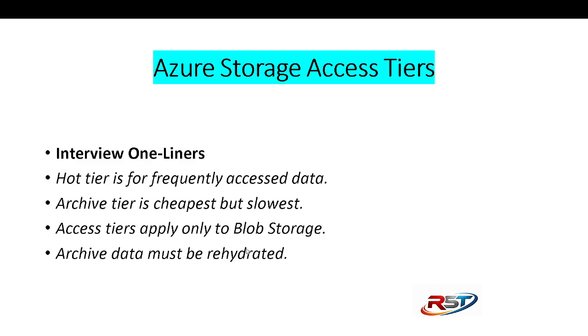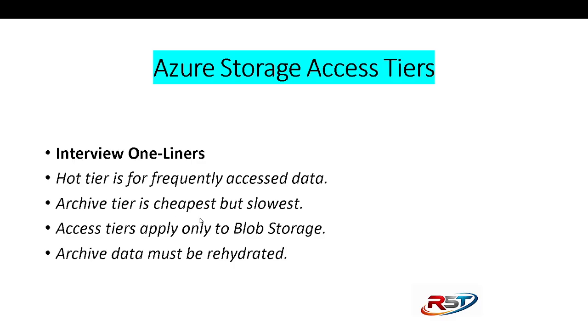Review one-liners. Hot tier is for frequently accessed data. Archive tier is the cheapest but slowest. Access tiers apply only to blob storage. Archive data must be rehydrated. So we have to remember all these things. When data goes to archive, it is cheapest because it is old and infrequently accessed data.